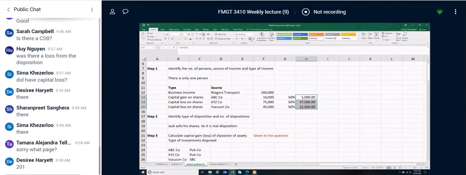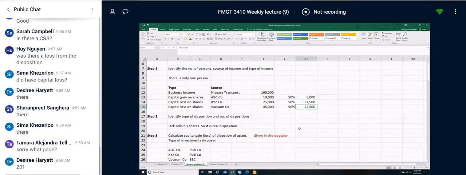And remember what I said before, an SBC is normally going to generate a capital loss, okay? So again, 45,000 loss on Vacuum Co. I think it's Vacuum Co. I put in here. Yeah, so Vacuum Co. we told you is a 45,000 loss. So again, 50% of that is 22.5.